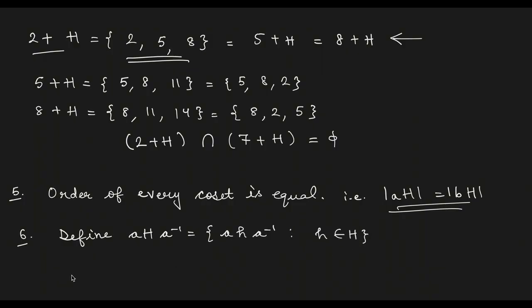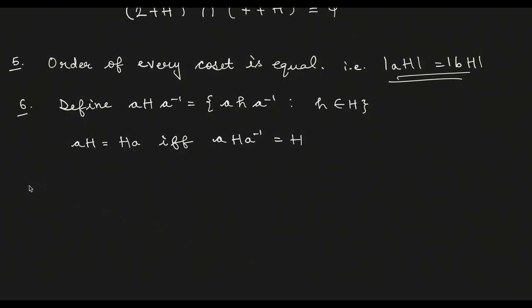Now, left coset is equal to right coset if and only if aHa inverse is equal to H. And in general, left coset is not equal to right coset.